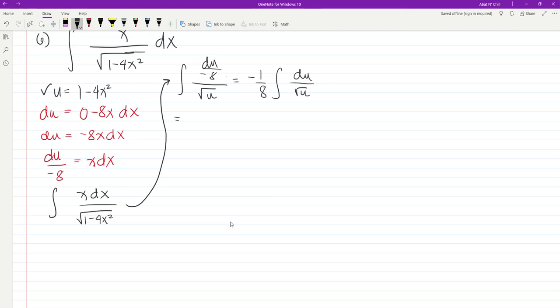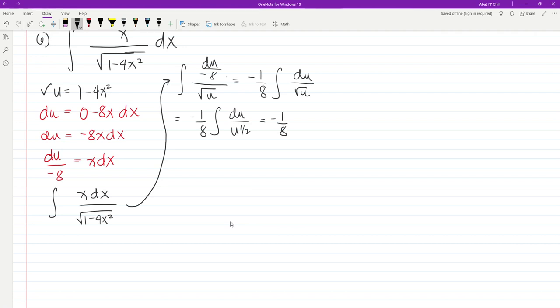And if we express the square root of u in terms of exponents, we have du all over u raised to 1/2. By the power rule, I can get the reciprocal of this, but we will be negating the exponent.